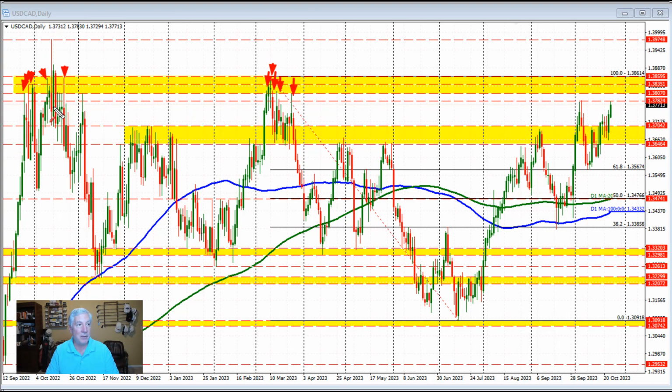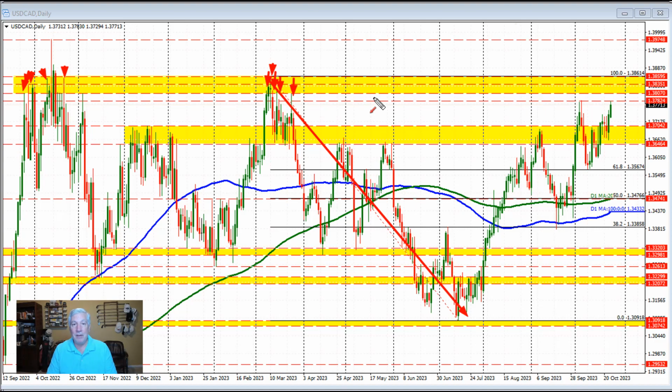We did move above it here in the month of October, but for this year, the high price for the year comes in at 138.61. So getting above that level would be certainly a target to aspire to on further upside momentum in this currency pair.